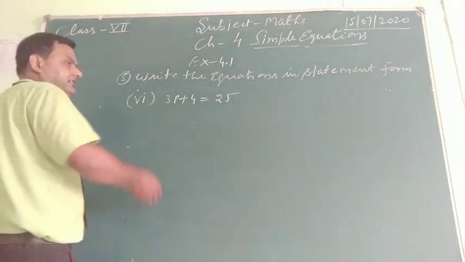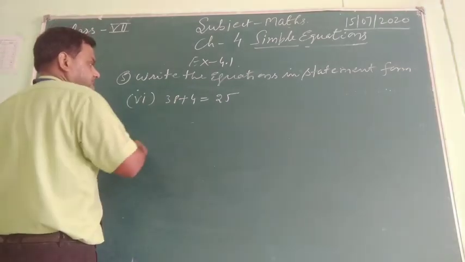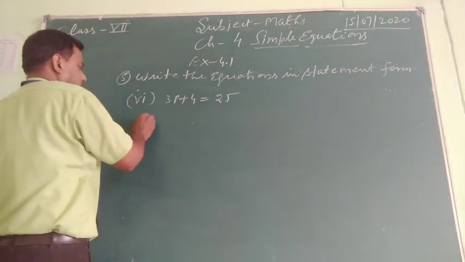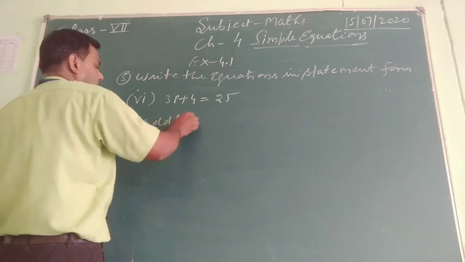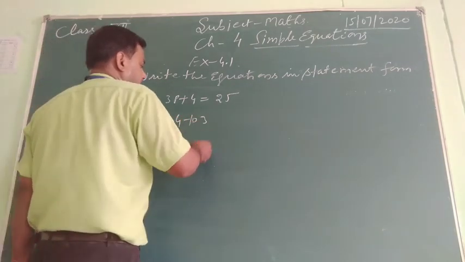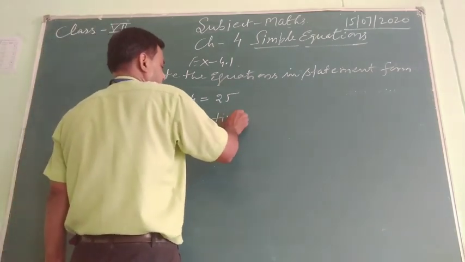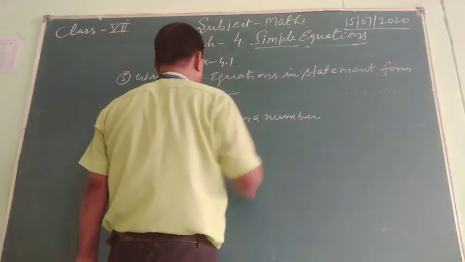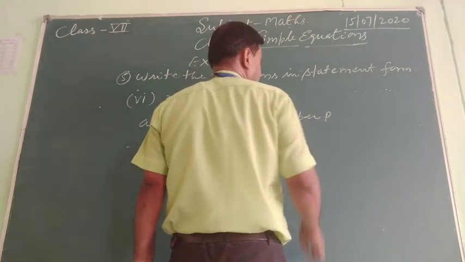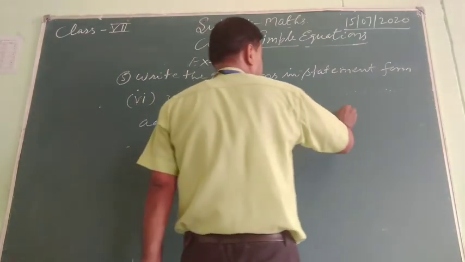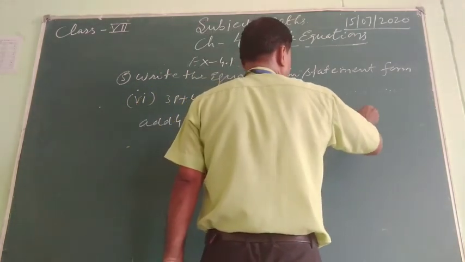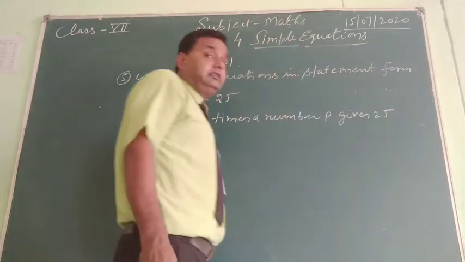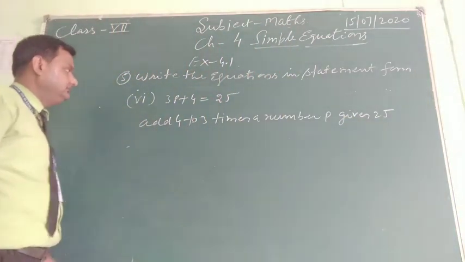So we can write it in statement form: add 4 to 3 times a number p gives 25.